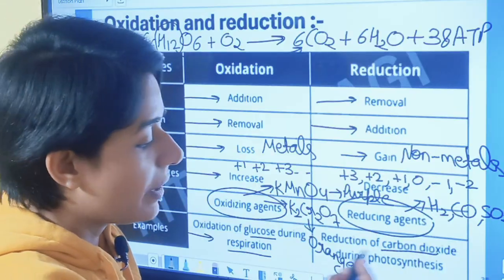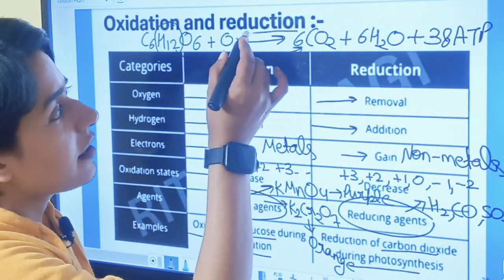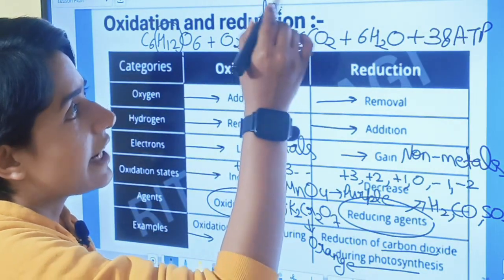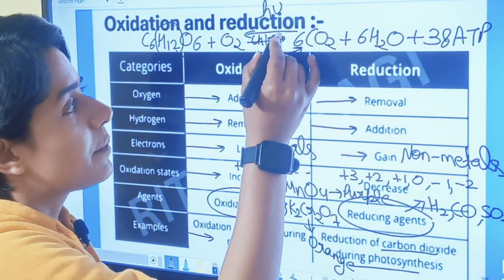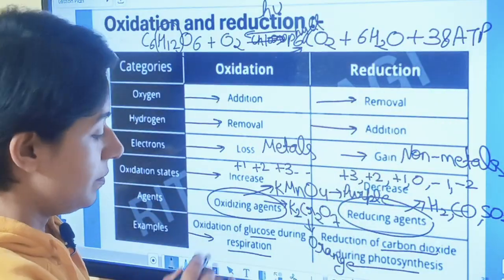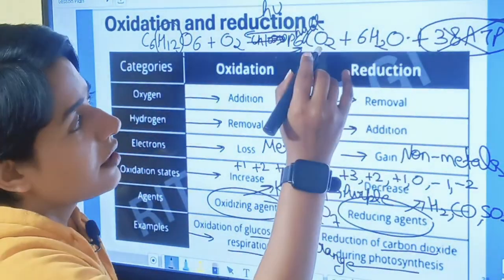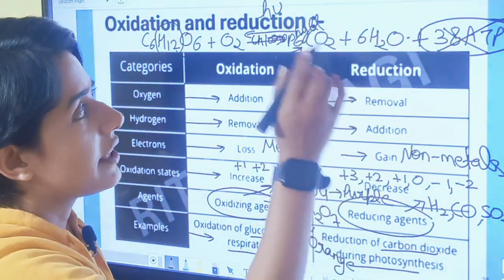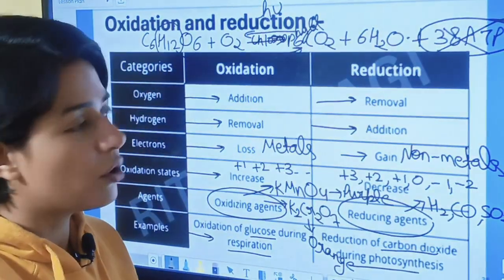Next, reduction of carbon dioxide during photosynthesis. Opposite to this, if we take the arrow in the opposite direction and in the arrow we mention hν, hν means sunlight, and chlorophyll, which is present in green plants. Then remove ATP from this. Then 6 molecules of carbon dioxide and 6 molecules of water react with each other in the presence of sunlight and chlorophyll, forming glucose and oxygen molecules.